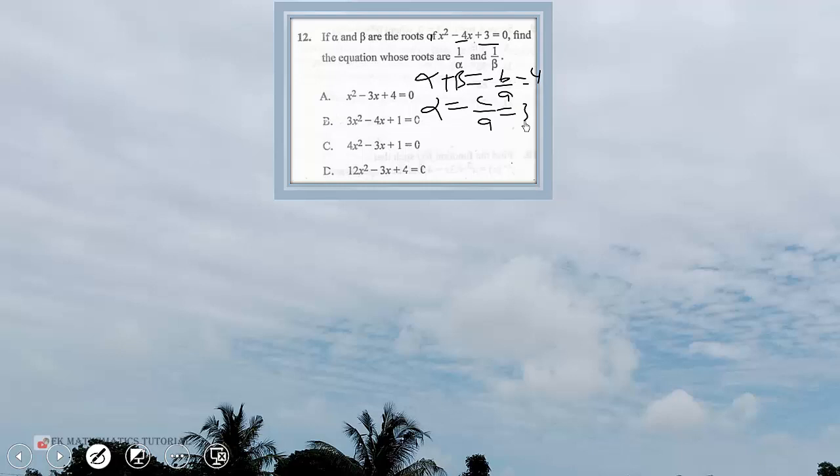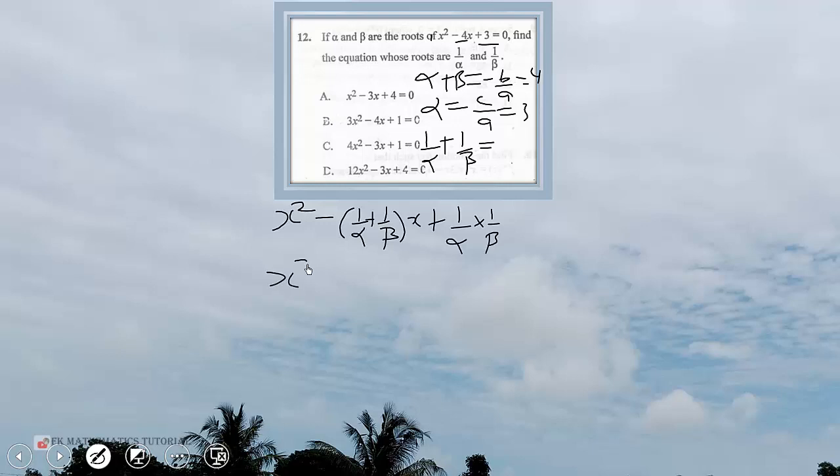So 1 over alpha plus 1 over beta, which is the sum of roots, and the equation is given by x squared minus the sum of roots, 1 over alpha plus 1 over beta, x, then plus the product of roots, 1 over alpha times 1 over beta.